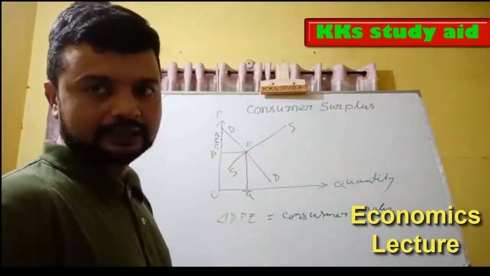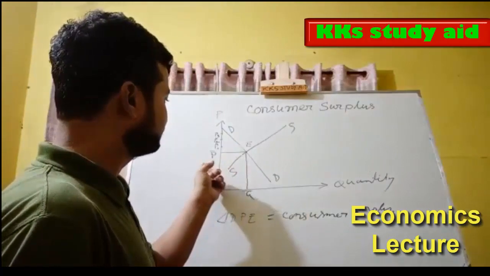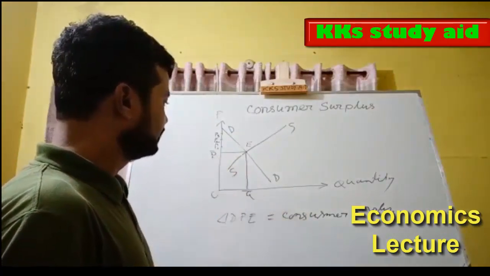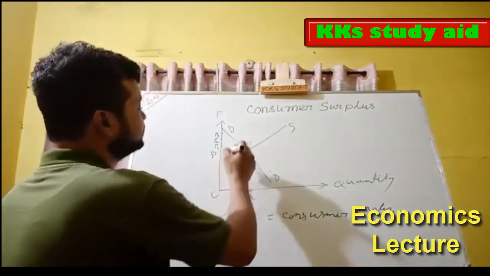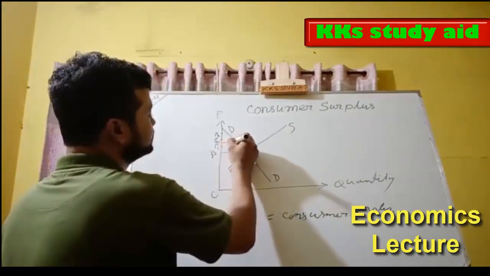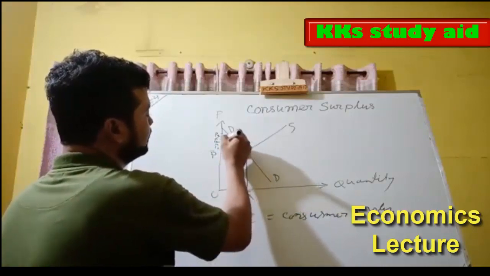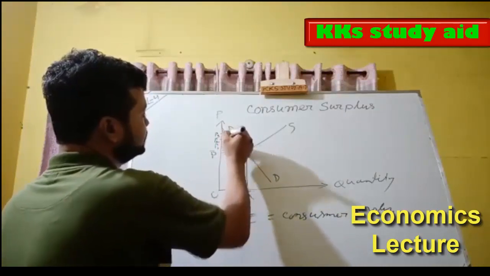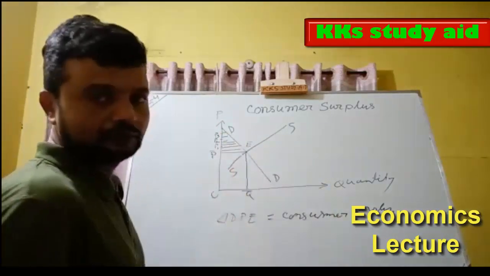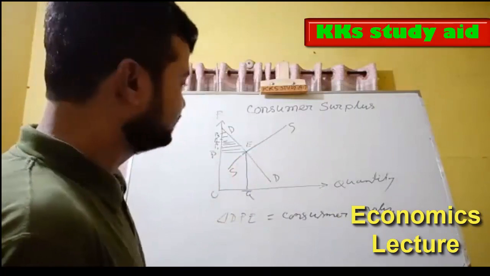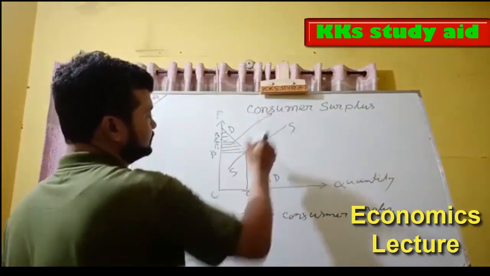But actually, they purchased the goods at the market price, and the price was P. In that case, a consumer surplus occurs, and this consumer surplus is described by a triangular area like DPE. So DPE is the triangular area which is considered to be the consumer surplus.